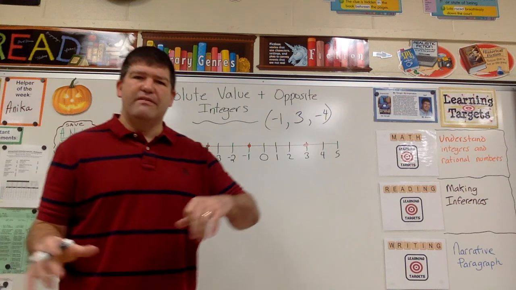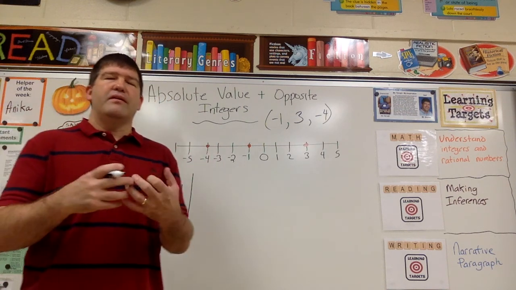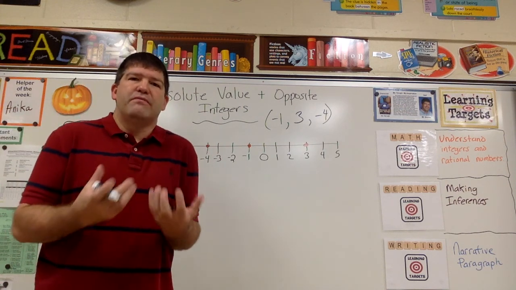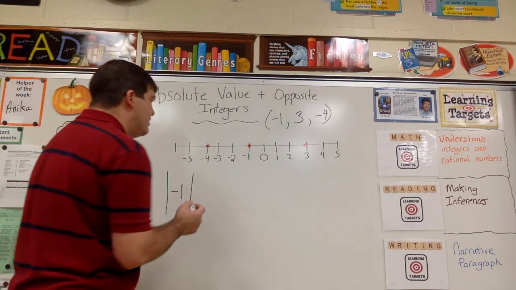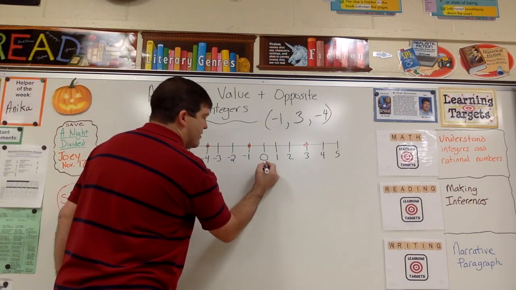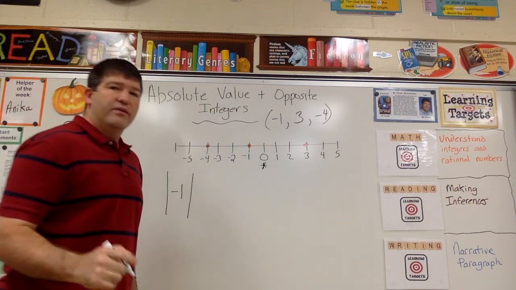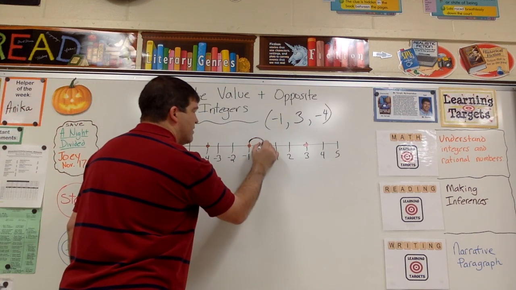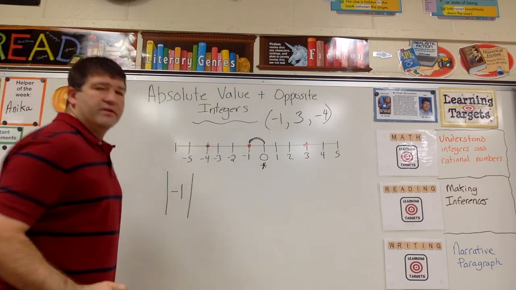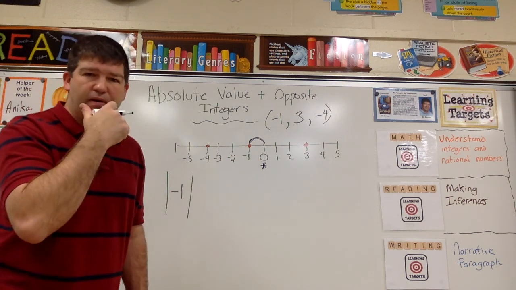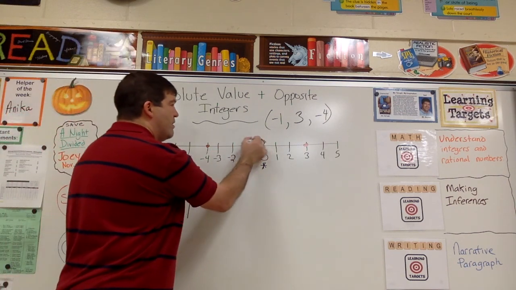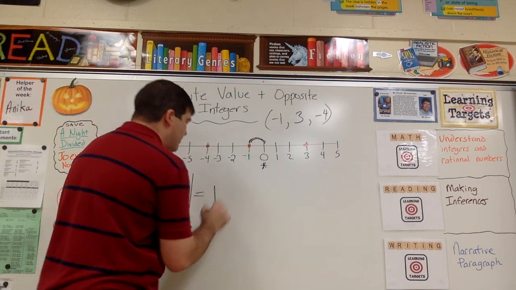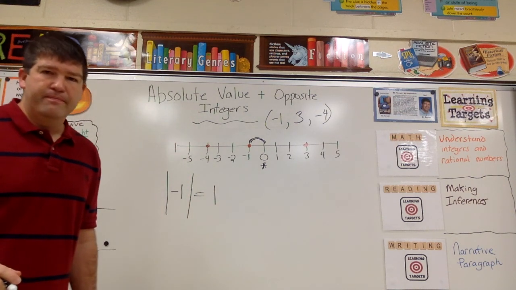Not is it positive, is it negative, but what is the value of it? And so what you do is you start at 0. With absolute value, 0 is the key. So you go from 0 to here. How many numbers did I go from 0 to -1? I went one number. So the absolute value equals 1.